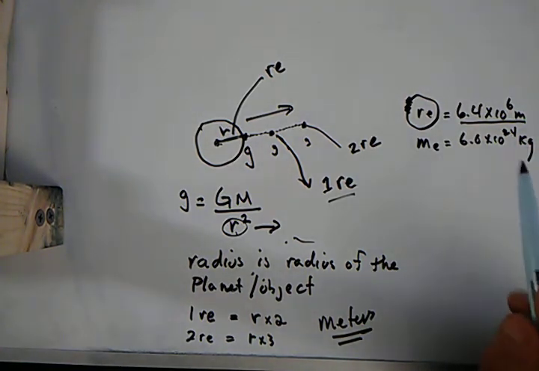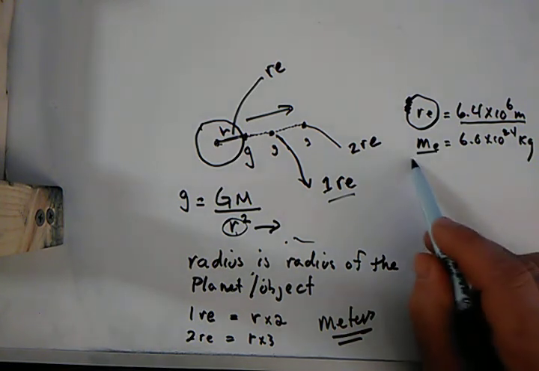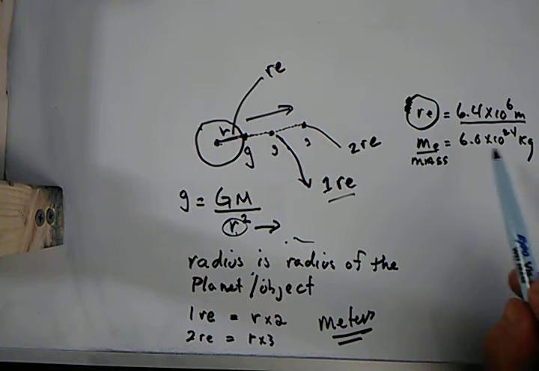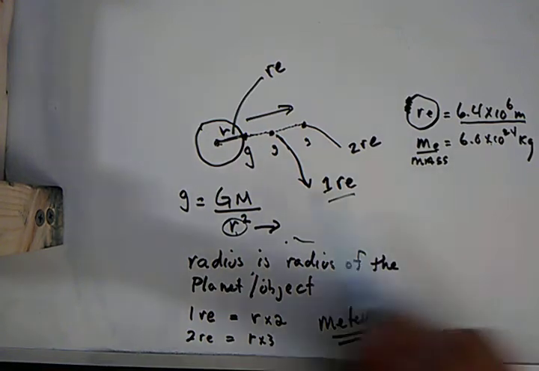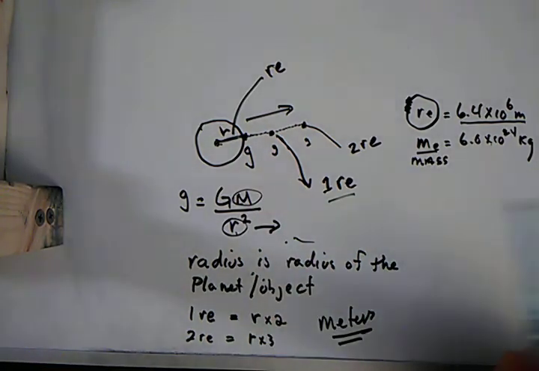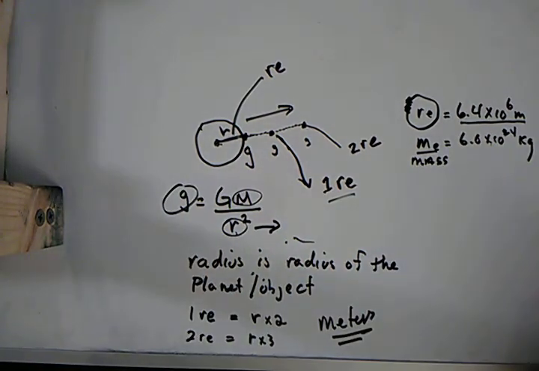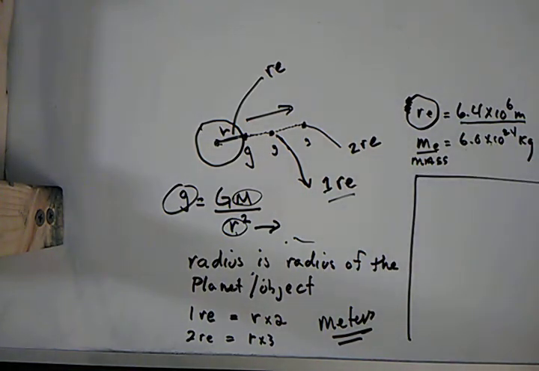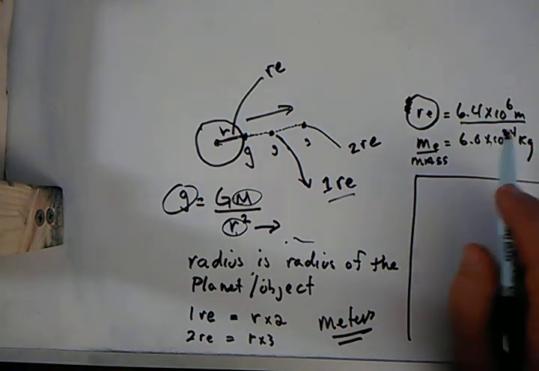I also added in the mass of the Earth, and the mass of the Earth is 6 times 10 to the 24th kilograms. So you should be able to get the gravitational pull of the Earth. I'm actually going to do that for you right now, just to prove that gravity is 9.8.